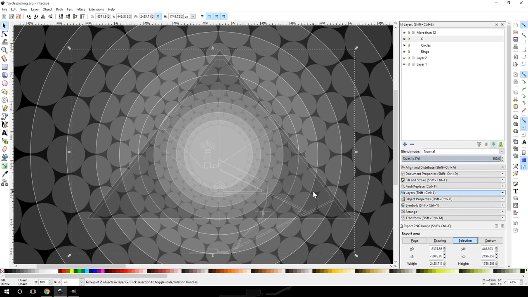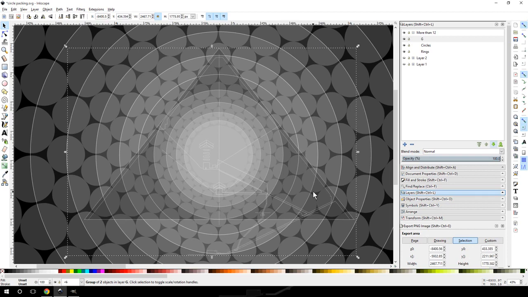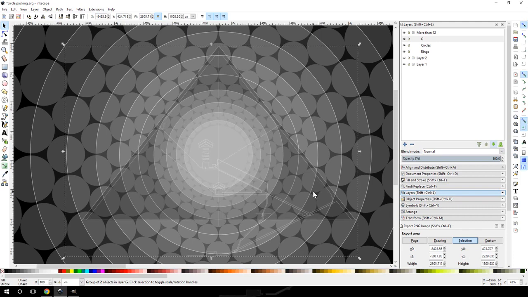Okay, notice we just about encompass the whole circle here. Make sure we're right in the center. And look, here we go. So we have the circle now.